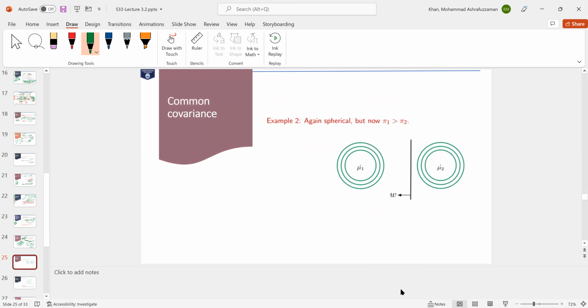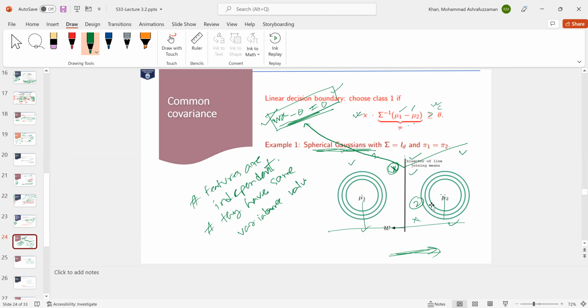Now, what if we have a class prior like this? Maybe we have a class prior that says the probability for class 1 is larger than the probability of class 2. Then the line will shift, maybe left or right. In this case, we shifted the line a little bit right. If the class priors are the same, then it will intersect the midpoint of the difference between the means.